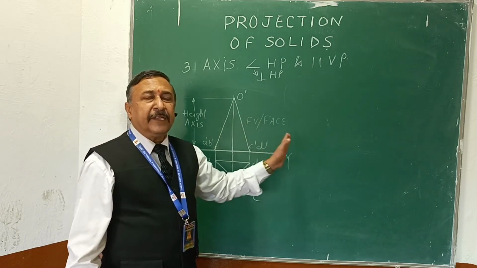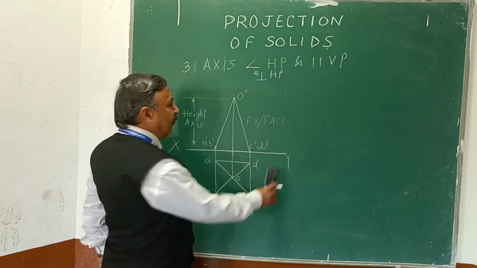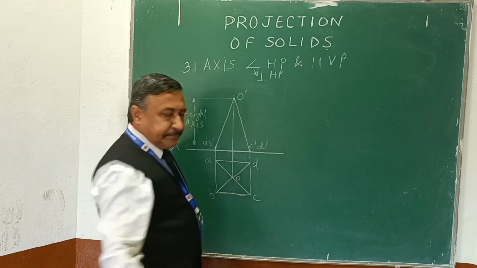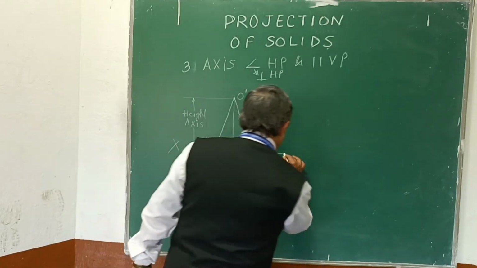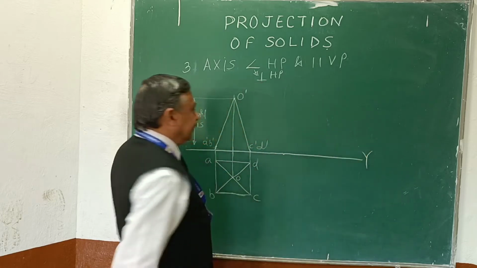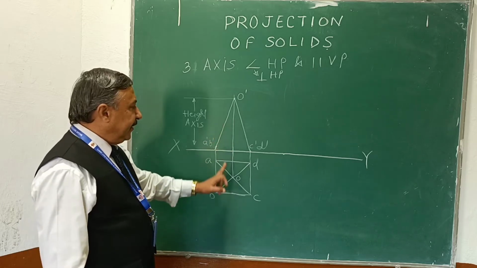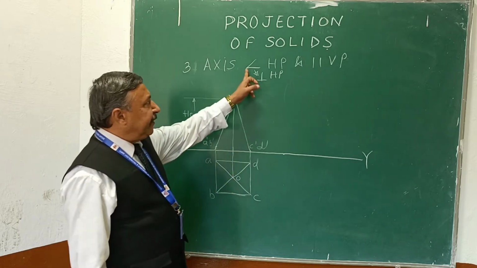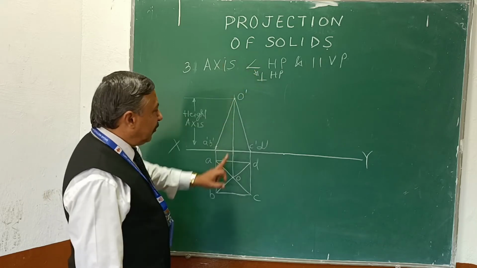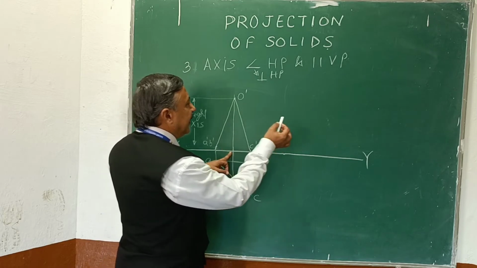Now we move to the second step. See here how we incline this position. This is axis perpendicular to HP, and we have to draw the axis inclined to HP.